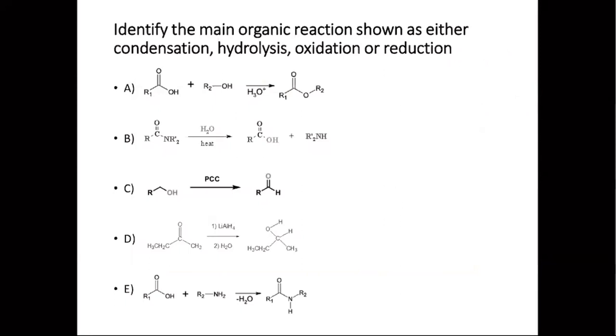And you guys need to be able, for the third exam, to identify condensation versus hydrolysis versus oxidation versus reduction, which are all the reactions that we have discussed so far in terms of organic chemistry. Okay, so these are just some examples of typical organic reactions that can be classified in any of these four groups.